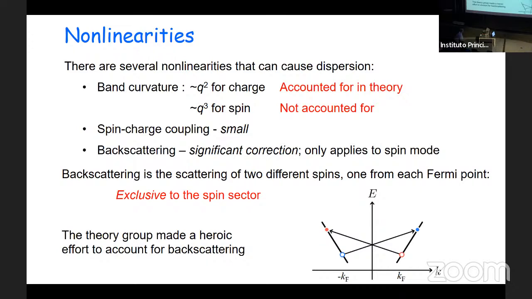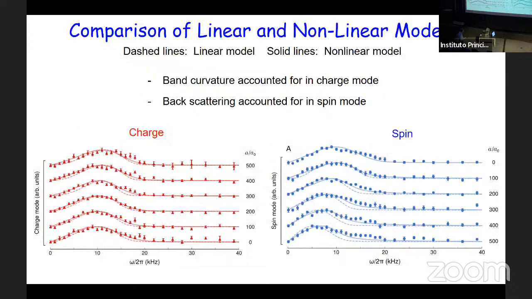So this one and this one, and they reach across the Fermi points, and they accounted for that. They calculated it. An extremely difficult calculation, I understand. But now you can see the solid line is after accounting for nonlinearities, and it's in almost perfect agreement with only one free parameter, which is the temperature and the overall scaling. So it's 1.5 free parameters. You can see particularly for the spin mode, there's a big improvement between what it was and what it is with the nonlinearity.